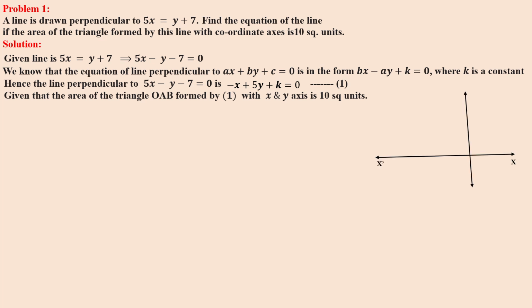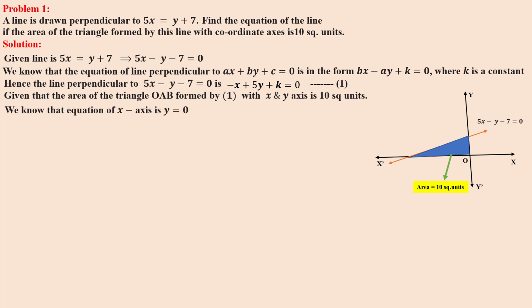So x'x is the x-axis, y'y is the y-axis, O is the origin, and this is the line 5x = y + 7, or 5x - y - 7 = 0. So this is the triangle, and the area of that triangle is 10 square units.